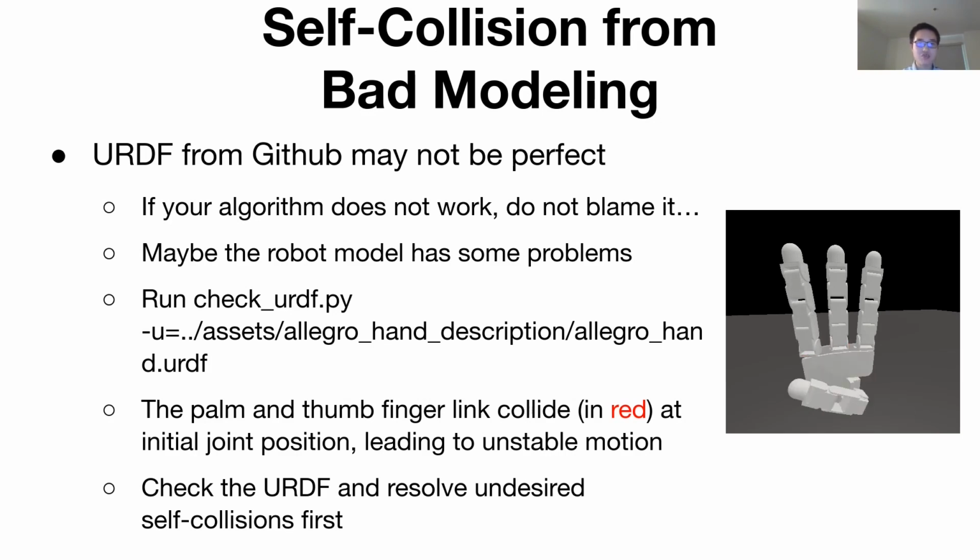By running this script, we will highlight the parts of the URDF model that are in collision at the initial state, so we can catch some intrinsically unstable behavior here. And this file will be provided in the same repo as the other scripts. So the takeaway here is that when using URDFs provided by other people, maybe we should first check they are in good shape and resolve any undesirable self-collisions.